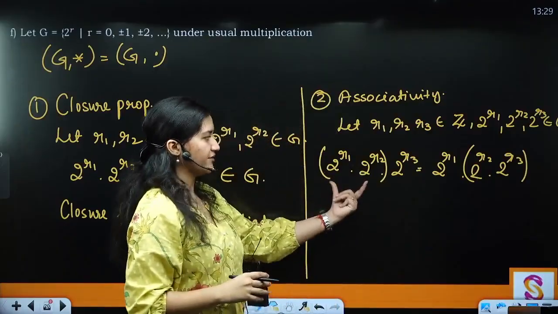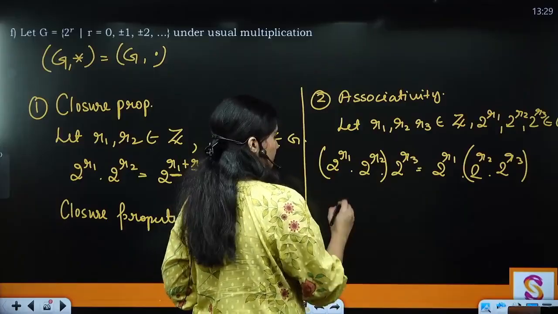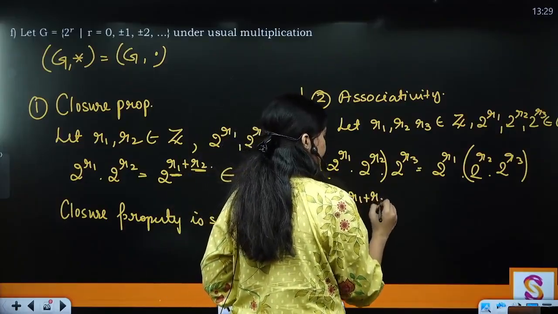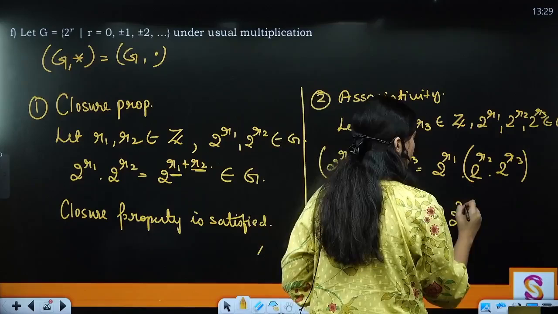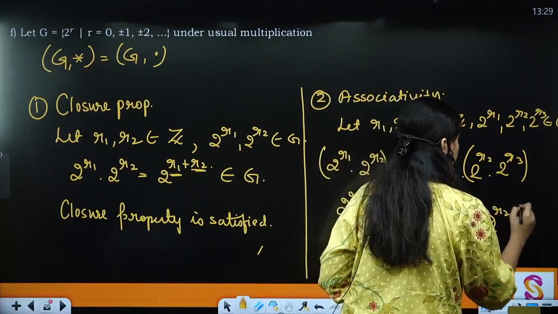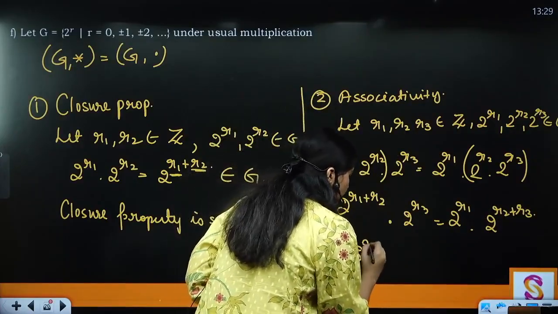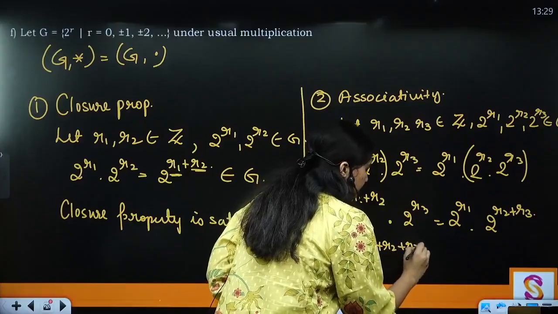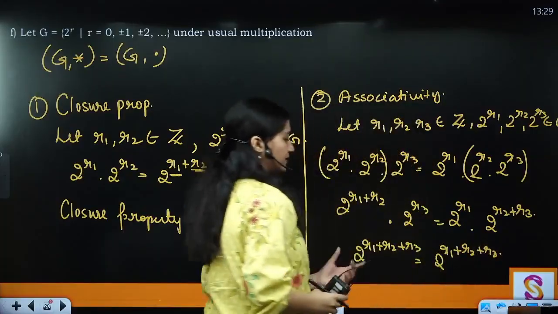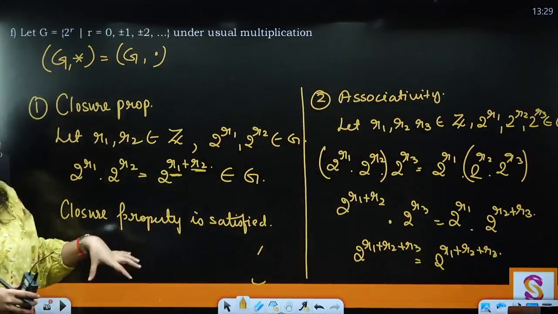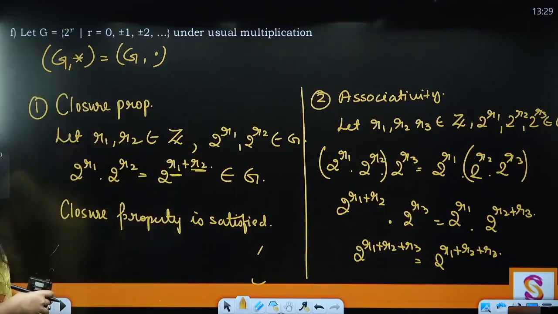So if I solve this bracket first, it is going to give me 2 to the power r1 plus r2, right, dot 2 to the power r3, and here if I'm solving this bracket first, I'll get 2 to the power r1 dot 2 to the power r2 plus r3, right? And then if I solve the remaining ones, I'm going to get 2 raised to the power r1 plus r2 plus r3, which are nothing but equal. So it does not matter in which order you are solving them, you are always going to get the same answer. Yeah. Chalo. Next.